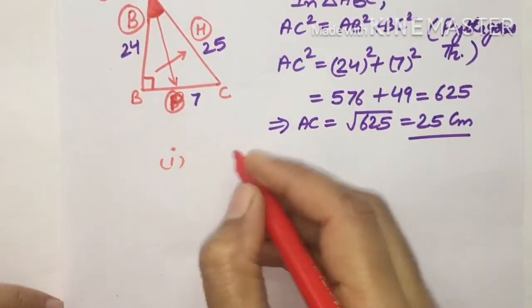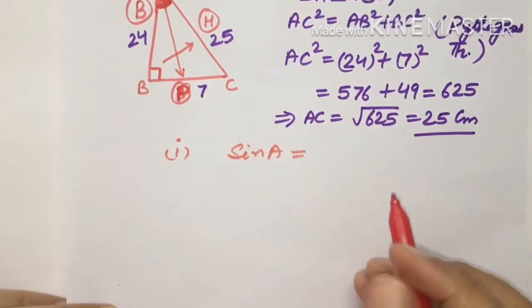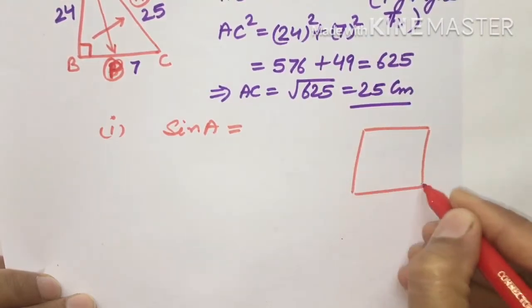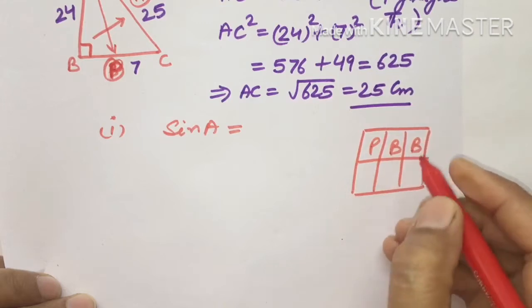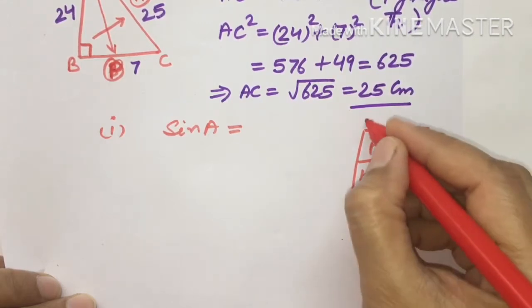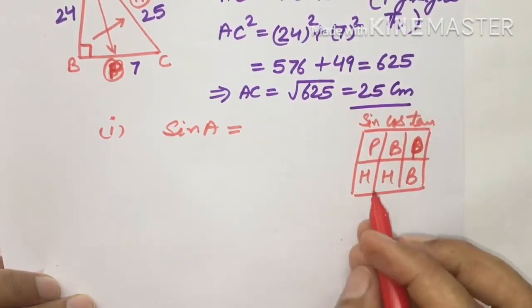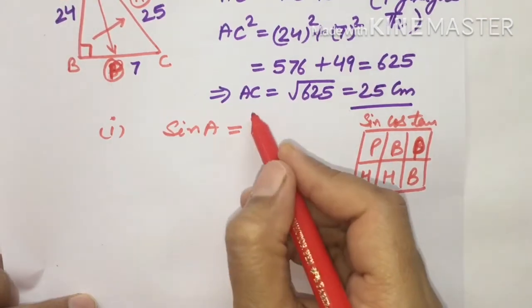So first part, we will write sin A. To find this trigonometric ratio, we will make our table. So this is sine, cos and tan. Very easy and quick. Sine is equal to perpendicular upon hypotenuse.